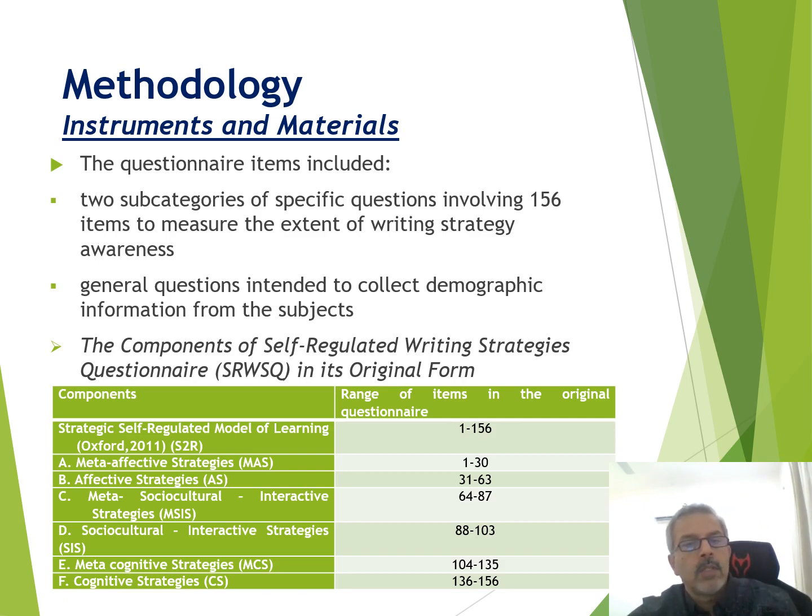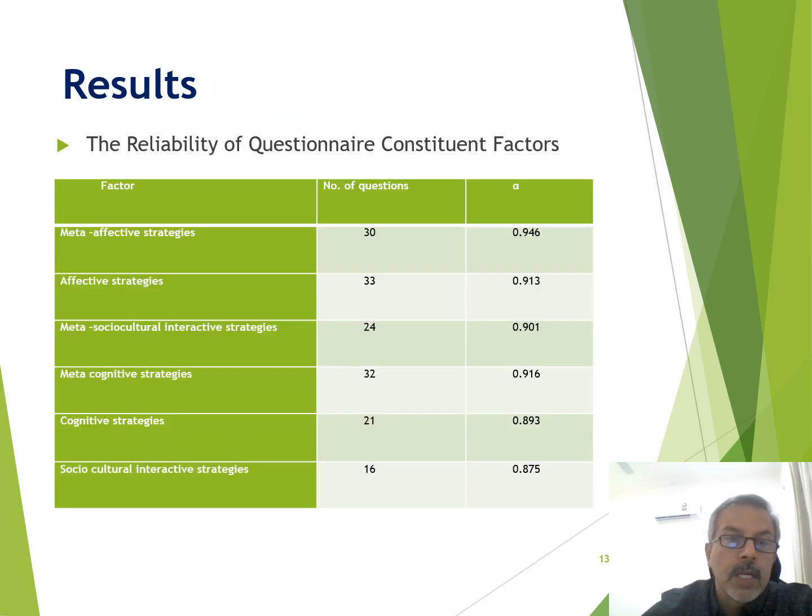The questionnaire consisted of 2 subcategories: some specific questions, which comprise 156 items, and some general questions, which were derived to ask for personal details. So this table shows the distribution of the questionnaire items across different constituents.